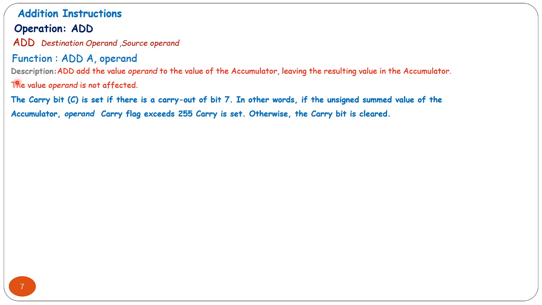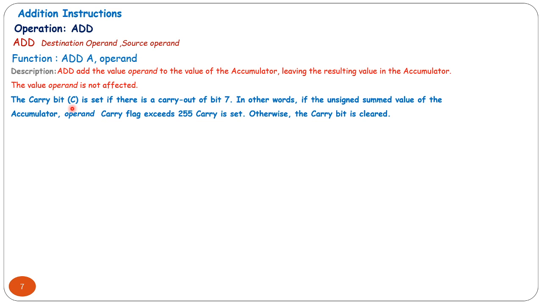Now this instruction affects various PSW flag register bits. First one is carry. The carry flag is set if there is a carry out from the D7 bit, that is bit 7.